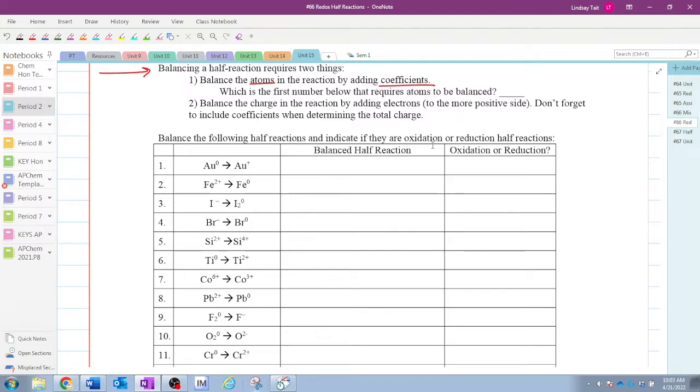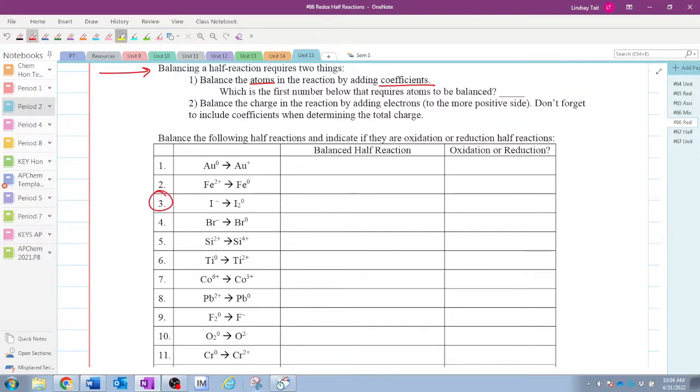Take a second to look down here. Don't say anything out loud, think to yourself. All right, on the count of 3, we're going to use our fingers. Put up your fingers for which question we think needs to be balanced with the coefficient. 1, 2, 3. And it should be question 3.